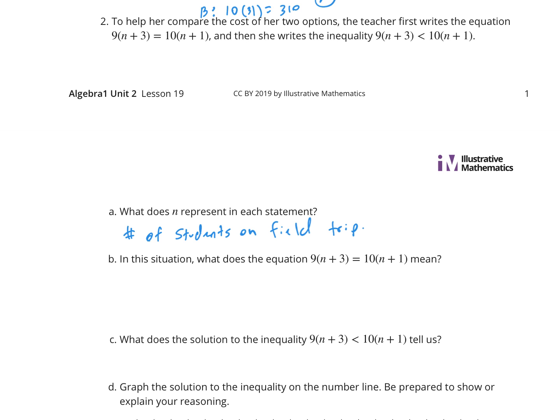For B, in this situation, what does the equation represent, or what does it mean? So this equation is, we're asking when is the cost of Orchard A going to be equal to the cost of Orchard B?